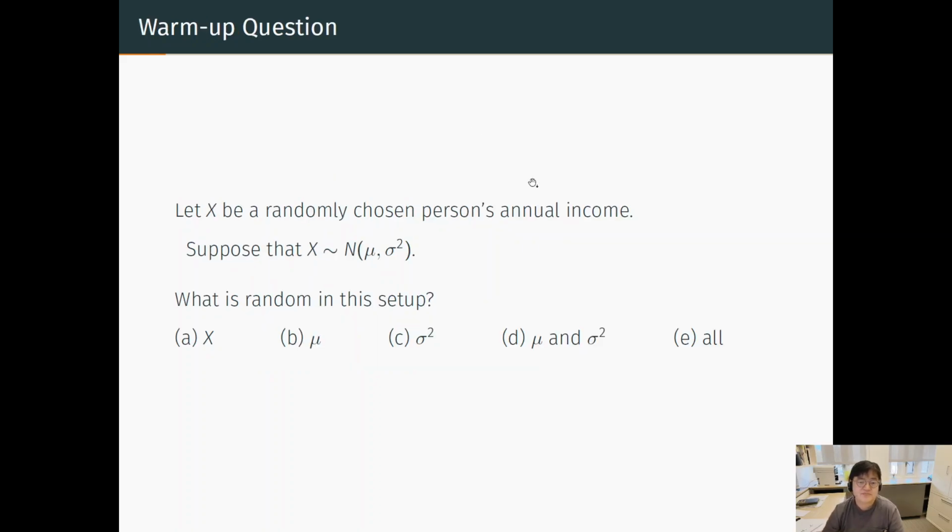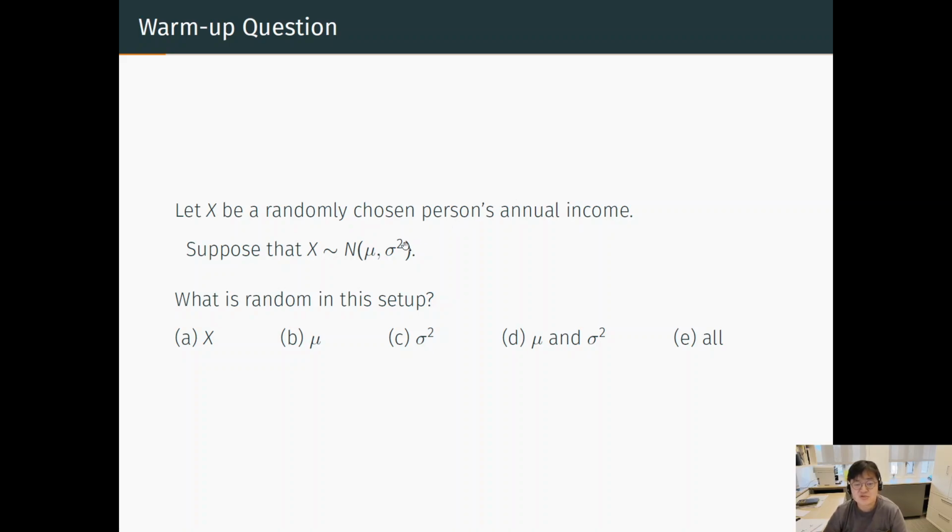Okay, let me start. So the first warm-up question is pretty simple. We are going to imagine an income distribution. As an economist, income distribution is the most common randomness, and we are going to randomly choose a person and ask about her annual income last year, how much she made in 2023.